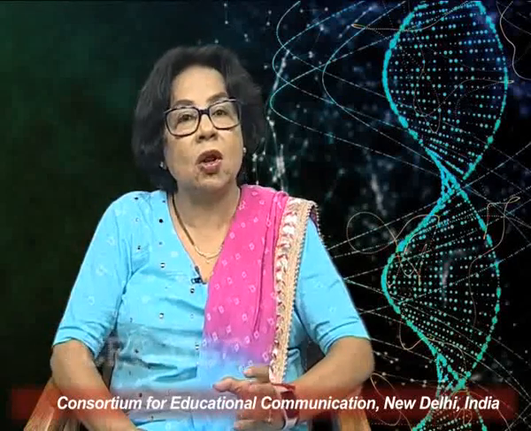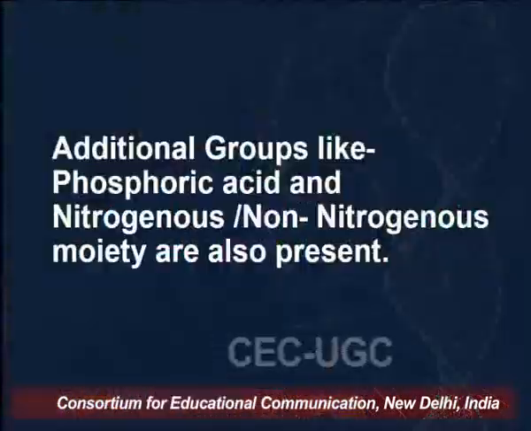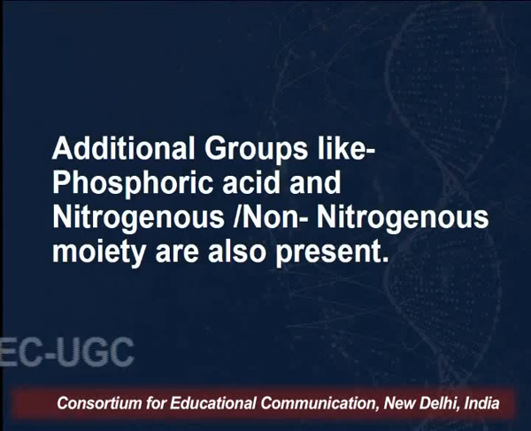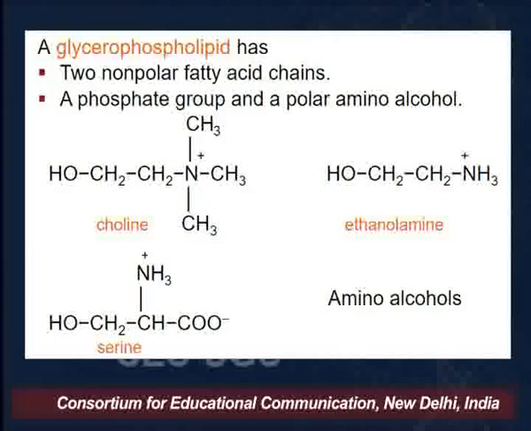And along with this, we have additional groups like phosphoric acid, nitrogenous bases, or we can also have a non-nitrogenous base. So if I summarize what a glycerophospholipid is, I would say a glycerophospholipid has two non-polar fatty acid chains.